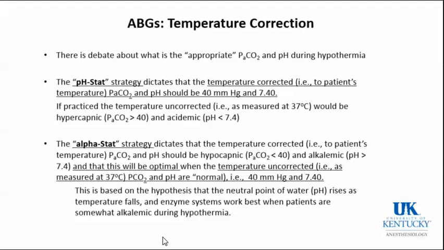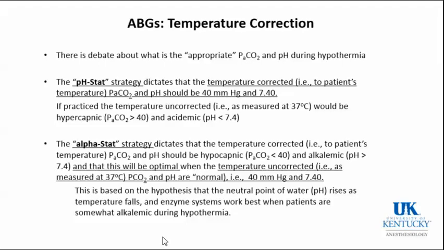It just conveniently turned out that if the pH and the PCO2 in the temperature-uncorrected gases were normal, i.e. at 37 degrees they measured 40 and 7.4, the temperature-corrected gases for hypothermia of that patient would be appropriate.